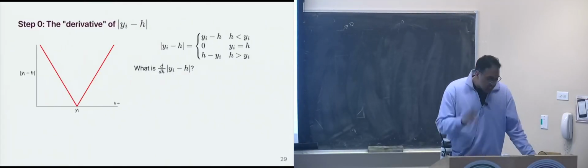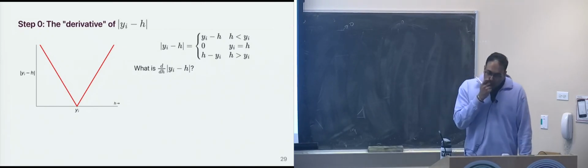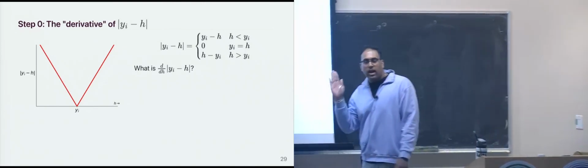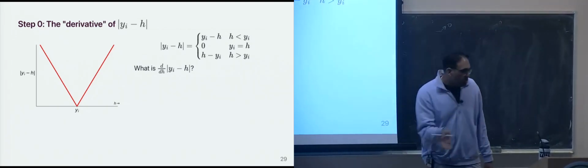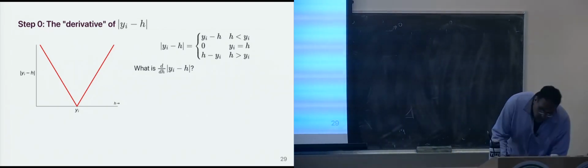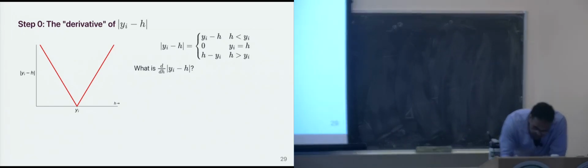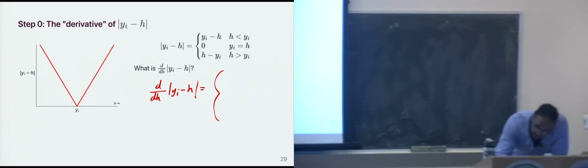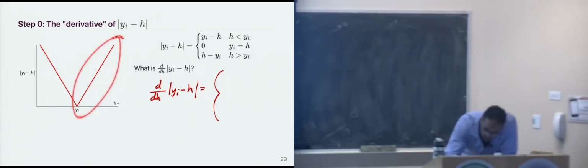Okay, so like I said, our goal now is to find the derivative of the absolute value of yi minus h. And we're going to use this piecewise definition of this absolute value to help us here. Okay? Now, again, there are 3 cases. The first case was when we are over here.